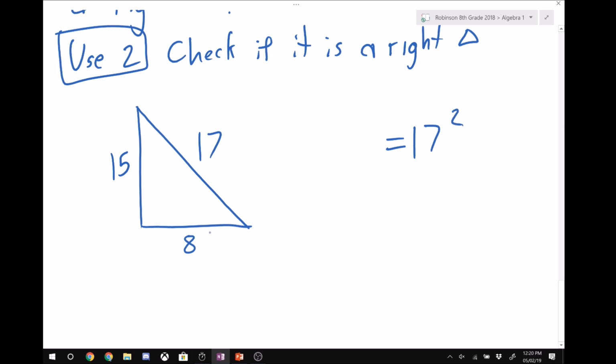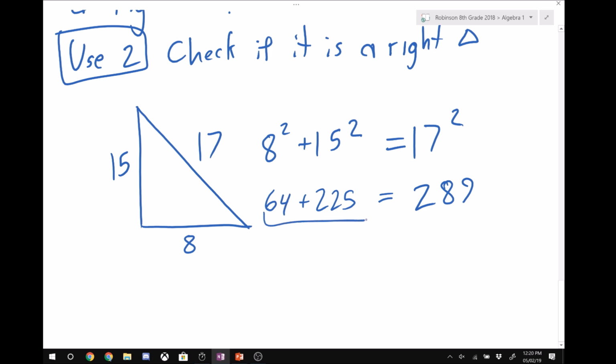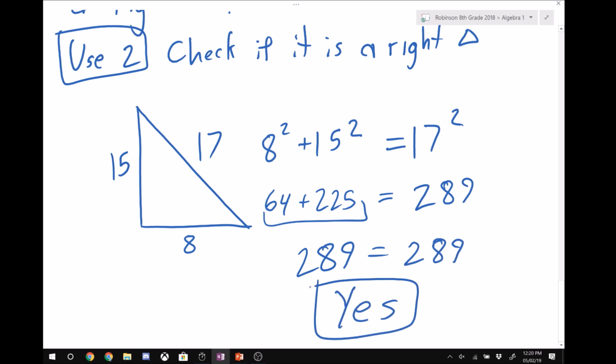And then these two are a and b, so it doesn't matter which is which, 8 squared and 15 squared. Okay? So 17 squared is 289. 15 squared is 225. 8 squared is 64. When we add these two together, we get 289 equals 289. So then we can say that yes, this is a right triangle because these are equal.